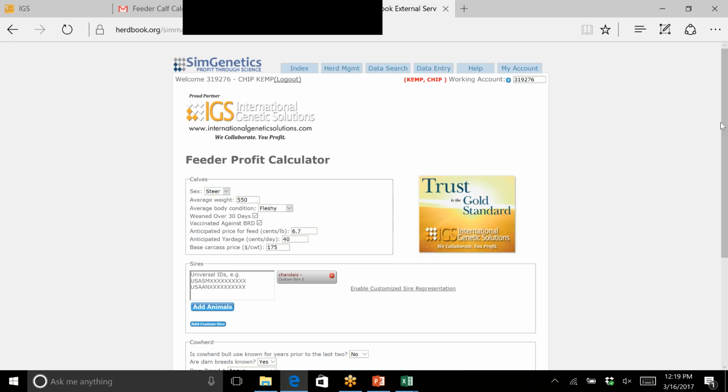So we've got that, and like I said, we absolutely don't want breeders using this feeder profit calculator as a selection index. Even though the backbone of it is the same methodology as the selection index, it's not something we want breeders using as selection, and if they're going to keep replacement females, they need to be using, in our situation, the index we call the all-purpose index. In other breeds, they call it other things, but that's what they need to be using.